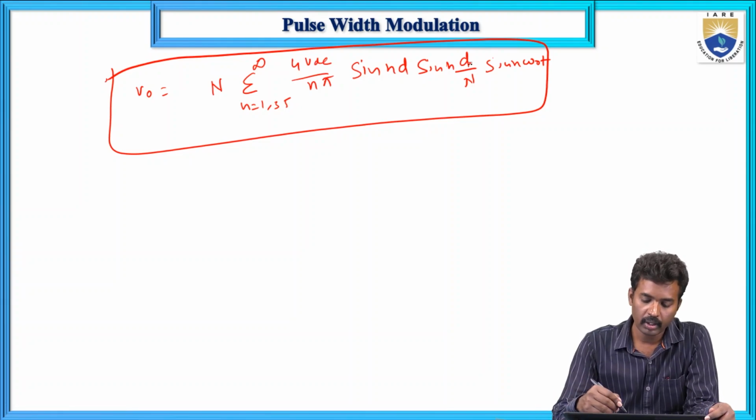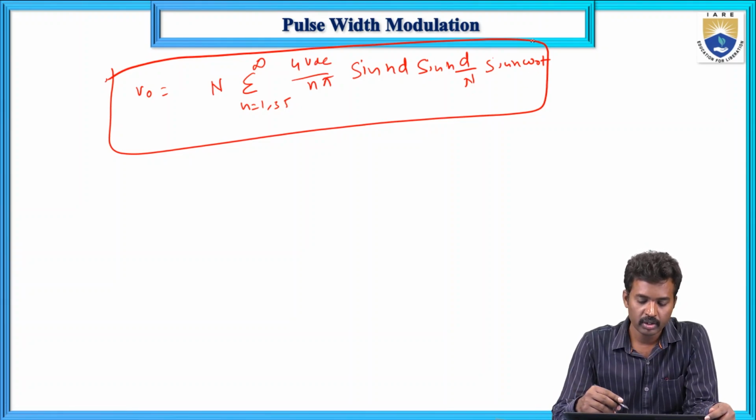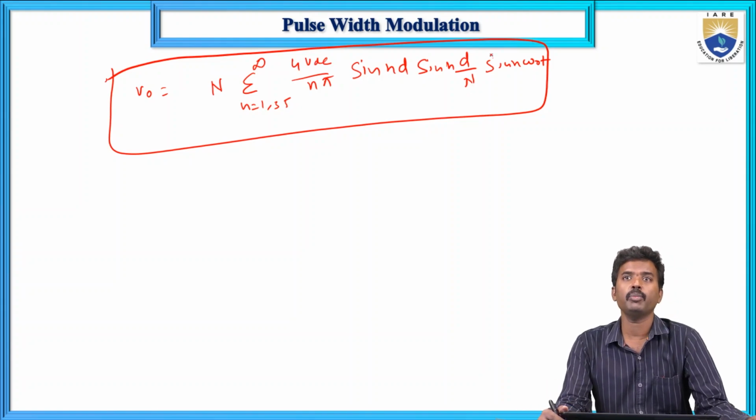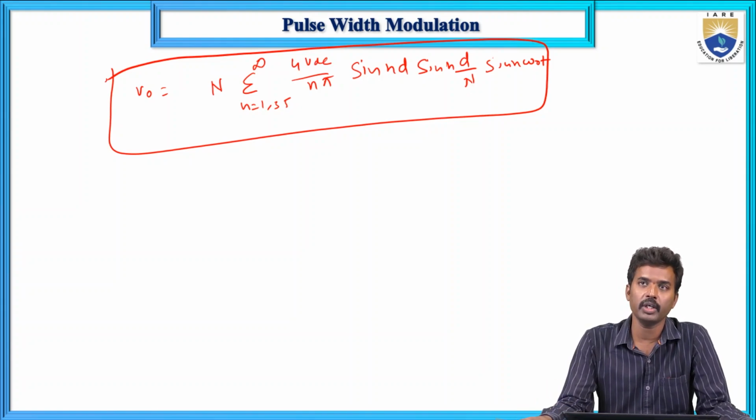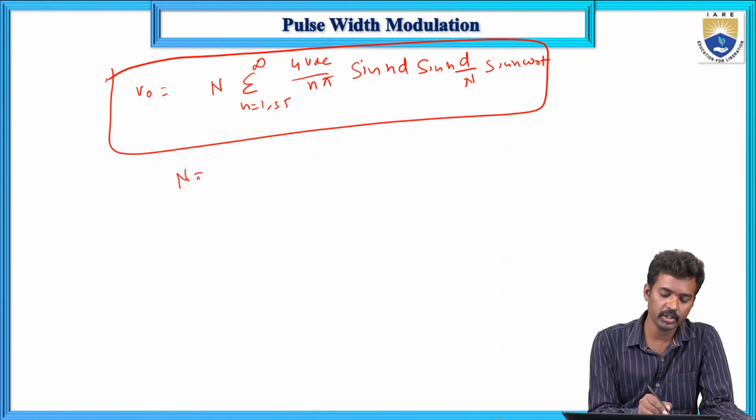Now this is multiple pulse width modulation. For single pulse width modulation, n equals 1, and for 2 pulse width modulation n equals 2, and n equals 3.